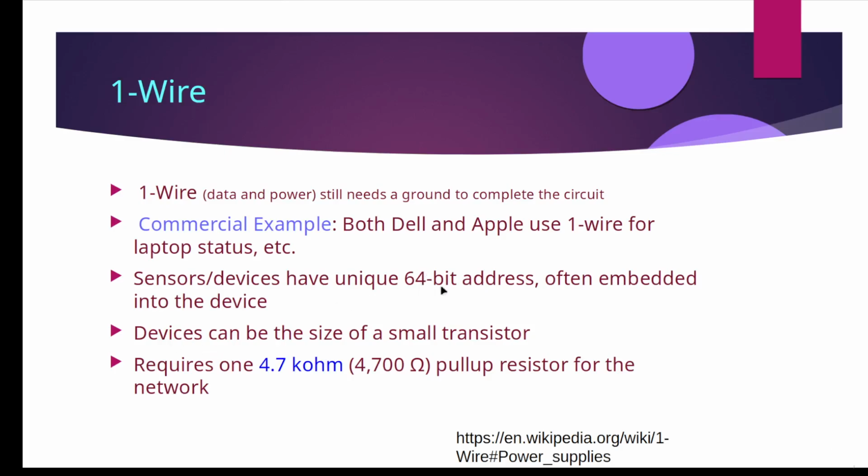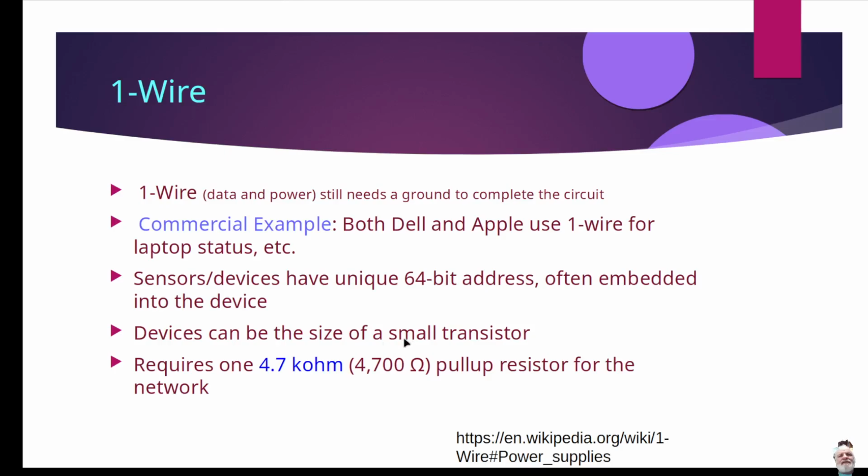But each device is going to have its own unique address, and these addresses are built right into the device at the time that it's manufactured. Usually, some of the larger devices you can maybe change them, but most of the little devices you can't change them; they're just fixed.